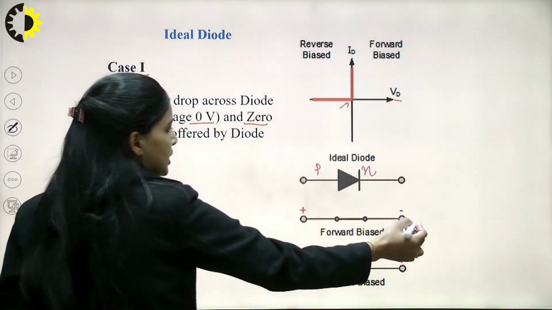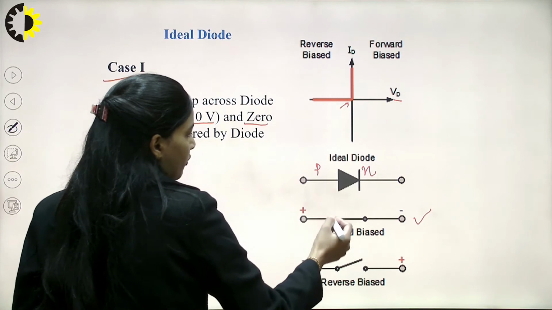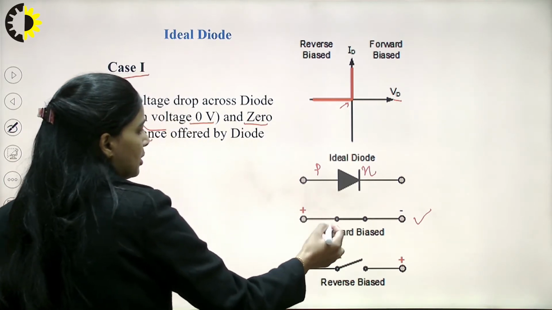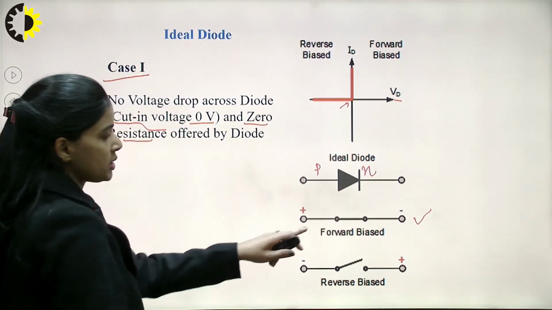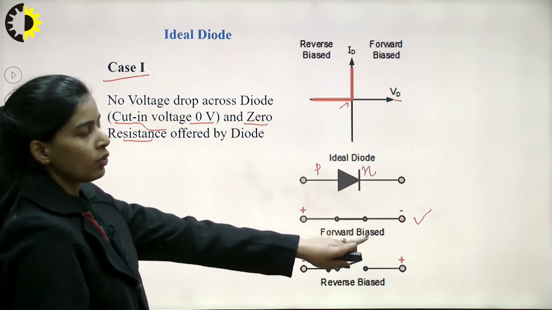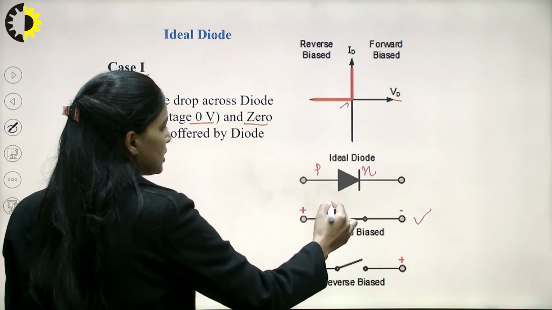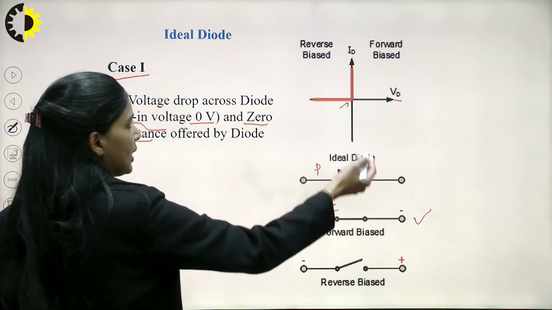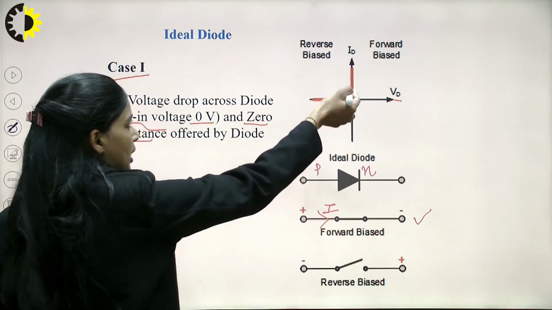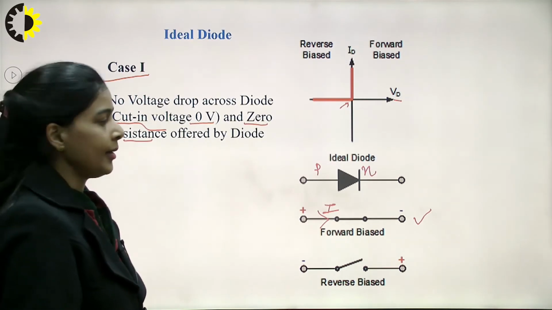So that condition is represented here. In the forward bias condition, it is acting as a closed switch without any drop, without any resistance, and it will conduct some amount of current. That current is represented by this vertical red line.